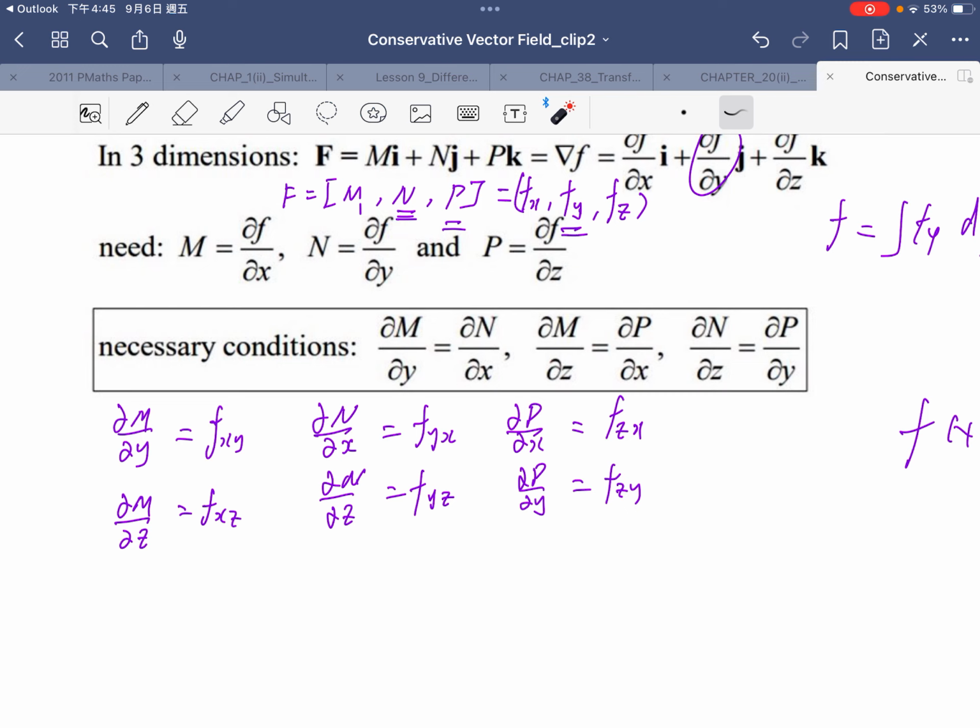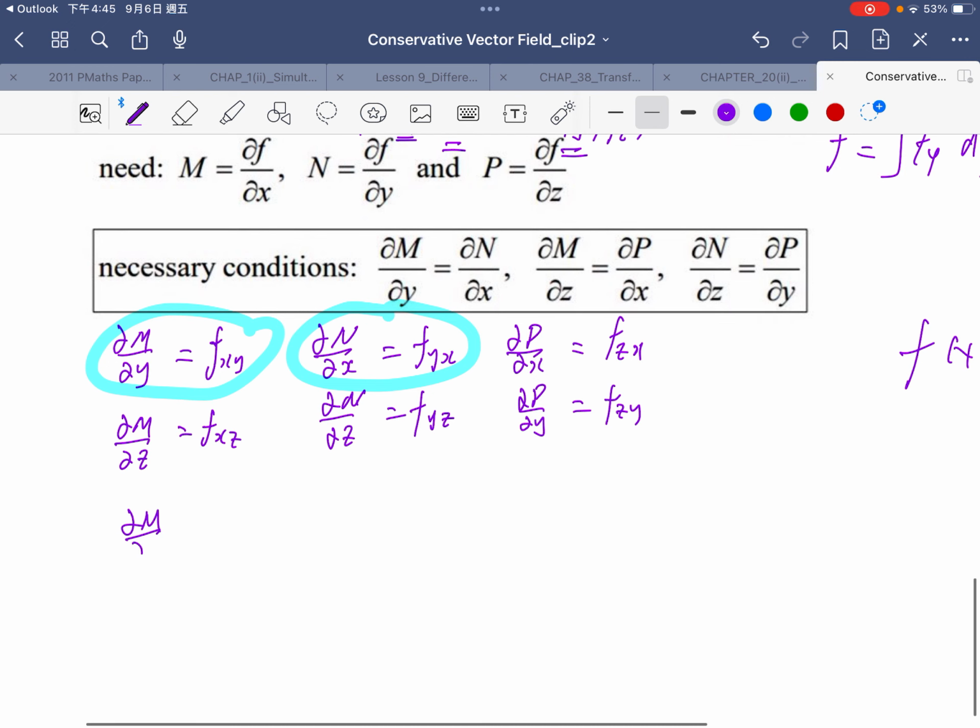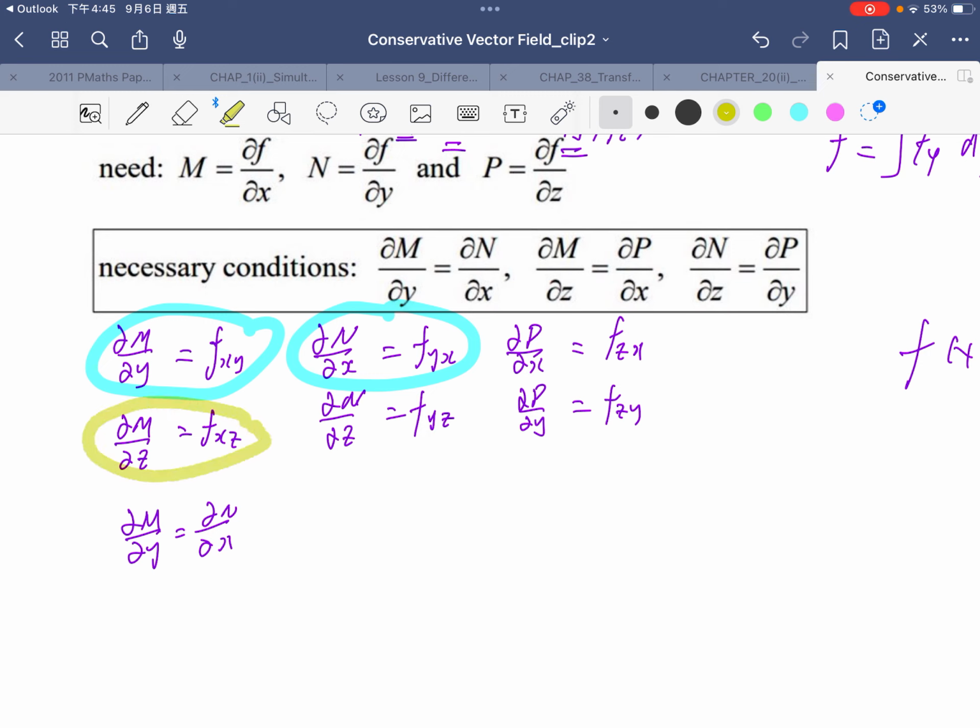Therefore, this should be equal to this one. The condition is ∂M/∂y equal to ∂N/∂x. This is our first equation. For the second, fxz should equal fzx.